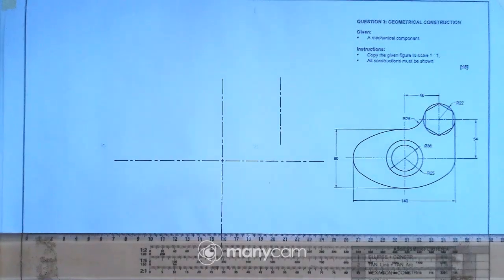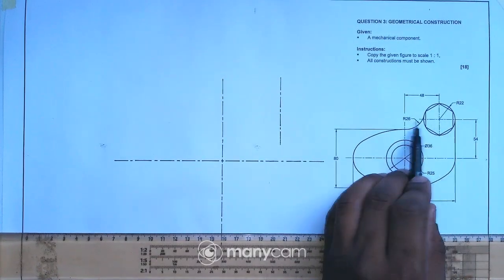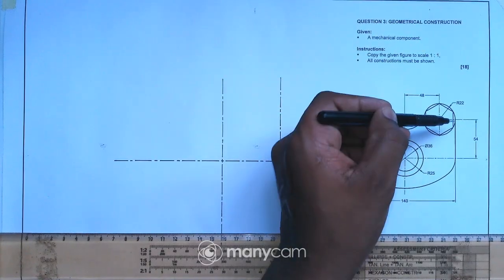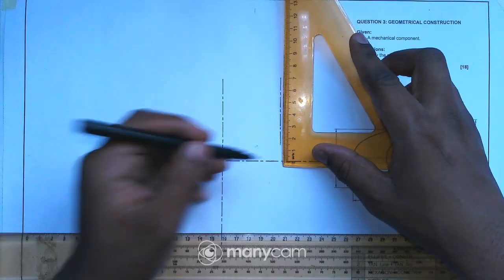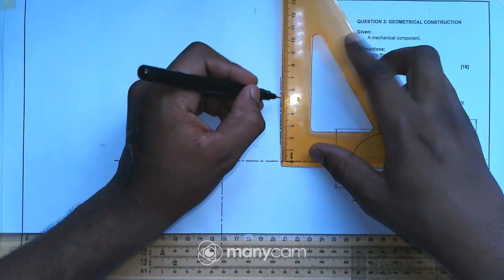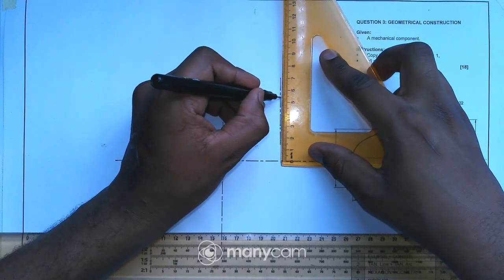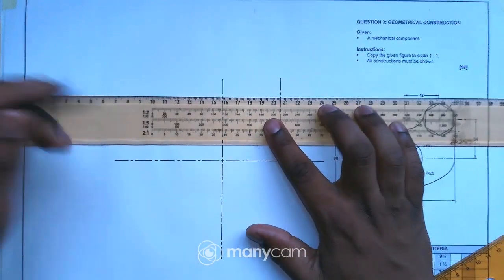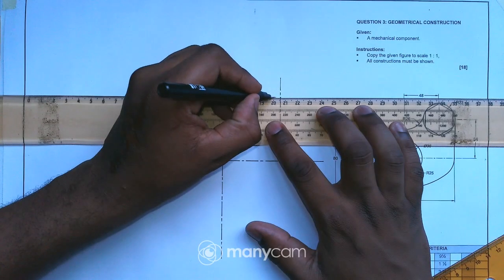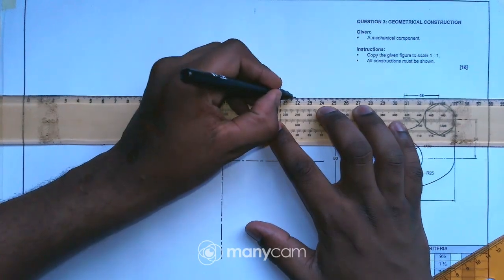Okay, and then the horizontal center line, from this center line going up, it's given, it's 54. So I'll measure from this center line going up, 54 is somewhere there. And then I can just draw the center line.